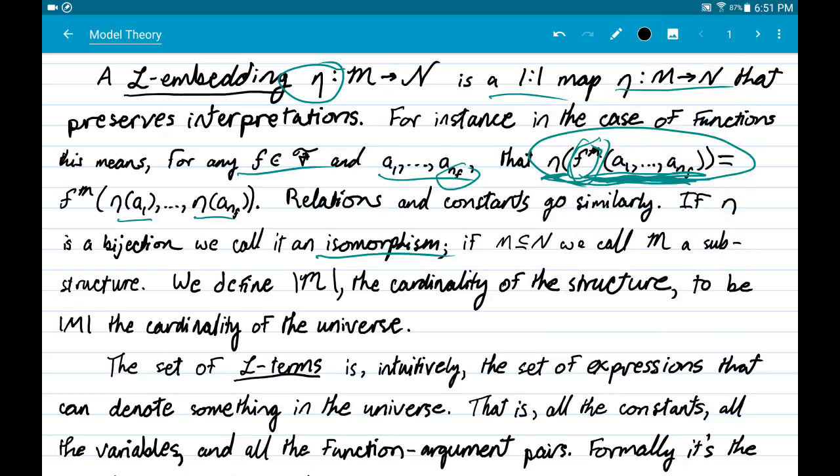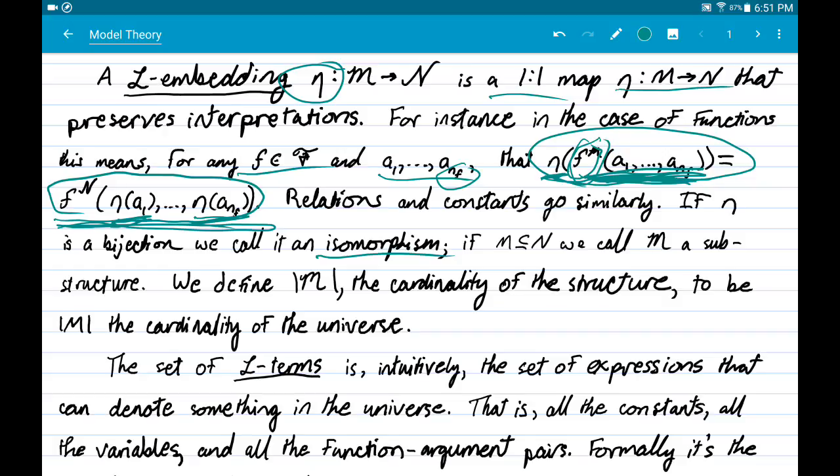So it must get me the same thing as if I map the elements of the domain first, and then plug them into the denotation of the function symbol in N. So that in a sense, kind of like with a group, performing the operation before mapping gets you the same thing as if you mapped the elements first and then performed the operation in the sort of codomain structure.